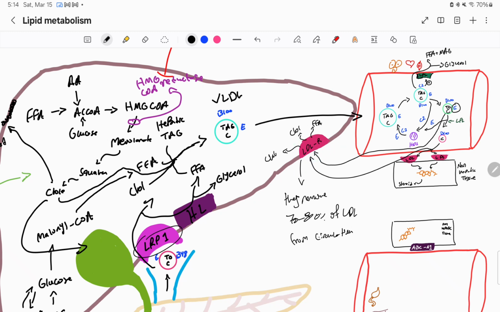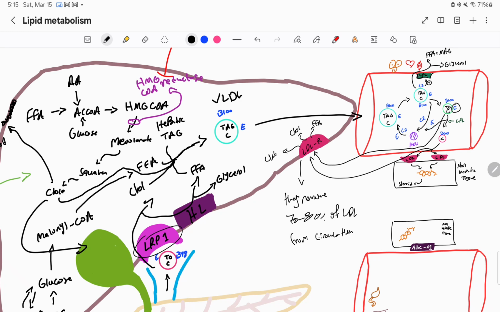And you'll see that you can actually change this with your diet. What do I mean by this? Well, for example, the consumption of saturated and trans fat has been known to decrease the number of LDL receptors, which might have an impact on your circulating cholesterol level, right? That means if there's less LDL receptors, we're not taking up as much, and therefore you're going to have more LDL cholesterol in your circulation, which is not good, because the more you have, the higher the chance that it might get oxidized and then cause an atherosclerotic plaque.